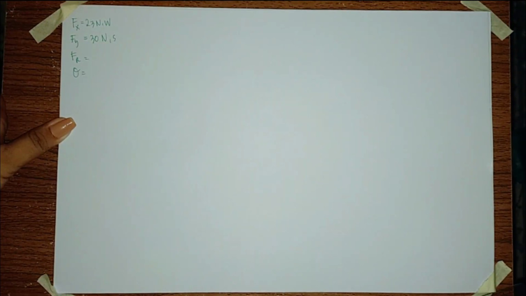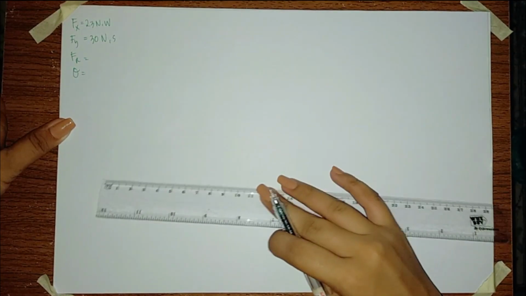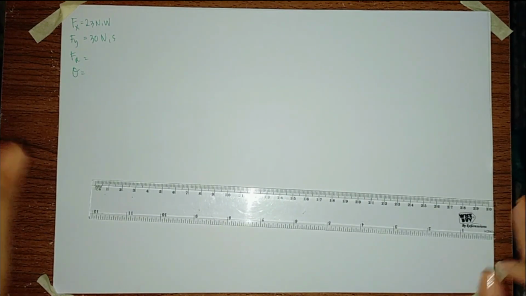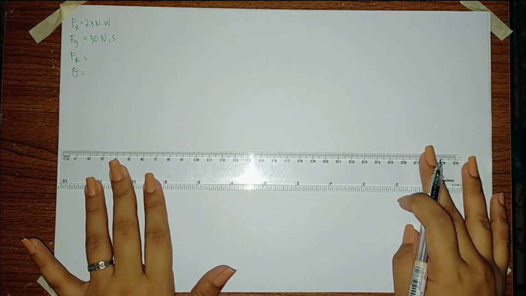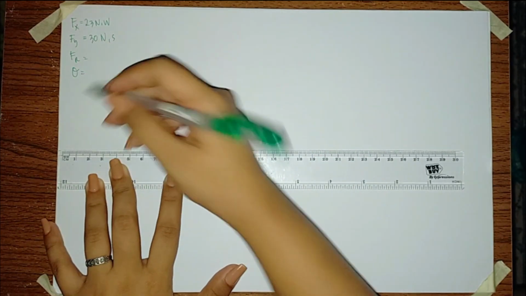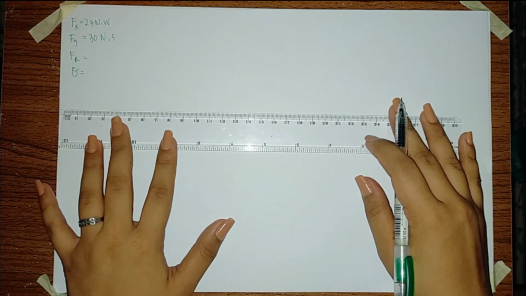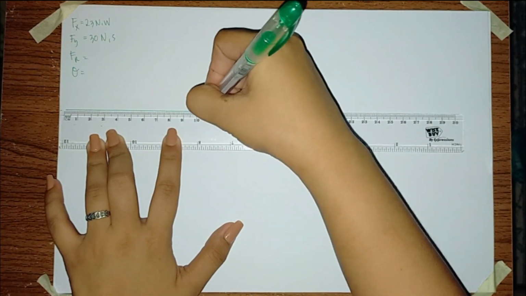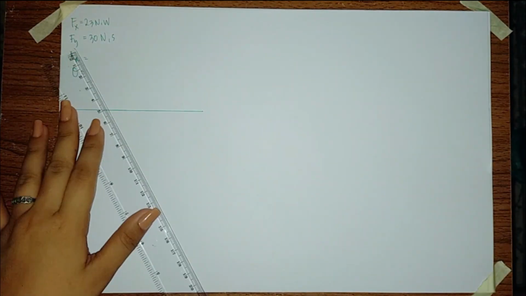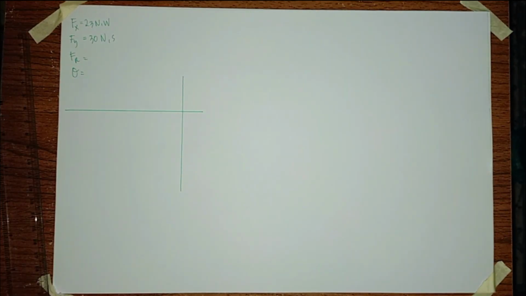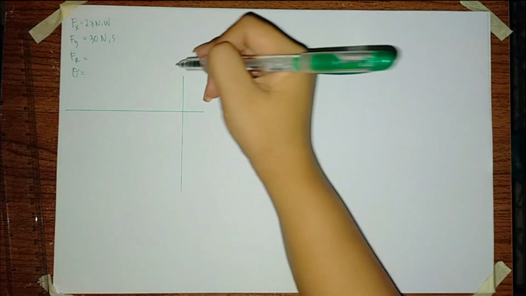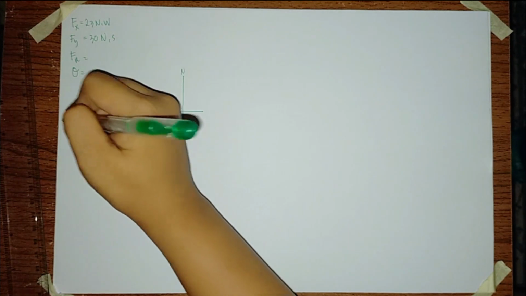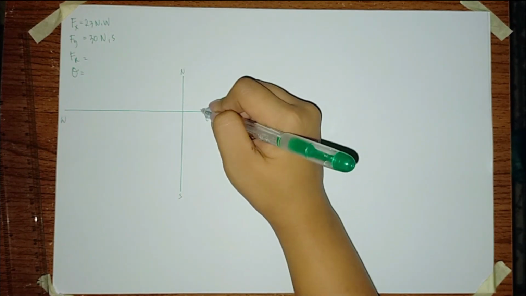So, let us plot our vectors in a Cartesian plane. Here we have the Cartesian plane, north, south, west, and east.